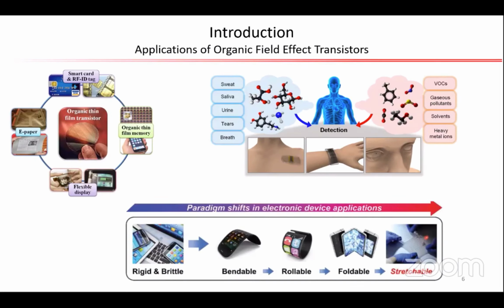The main idea behind it is basically to move away from rigid, brittle electronics and move towards foldable and stretchable electronics, because organic semiconductors are flexible and solution processable. Specifically, the polymer semiconductors have superior mechanical properties as compared to their inorganic counterparts.